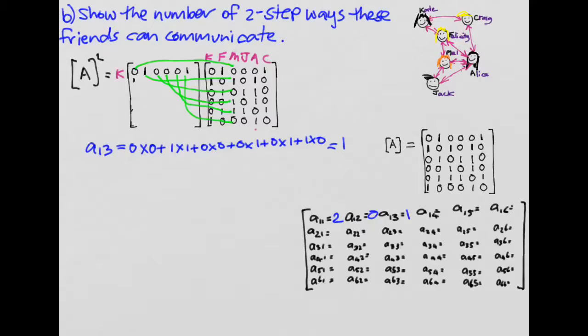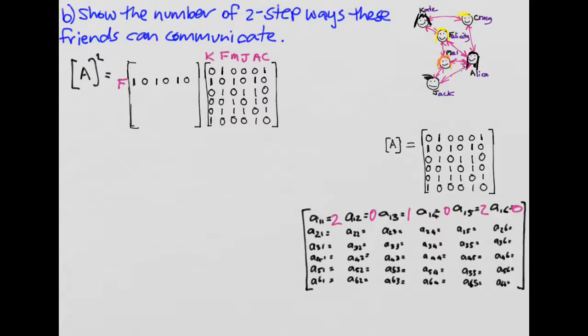Now if you continue with the same method, only this time row K multiplies by column J, you'll end up with position A14 equals 0. And then you do row K by column A, which will give you a 2 using the same method. And then lastly you would do row K by column C to give a value of 0 for the 1 6 position.